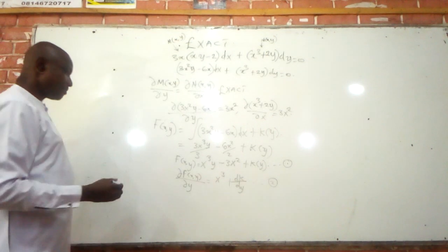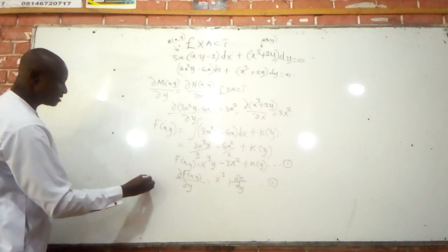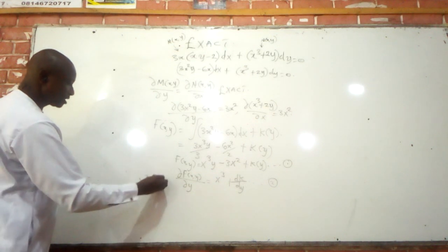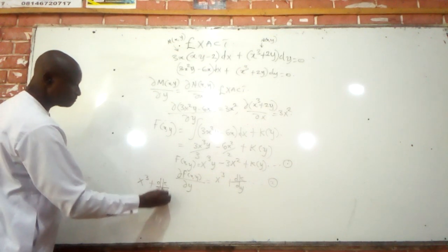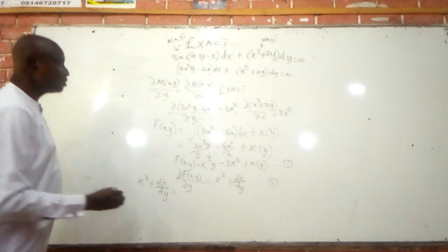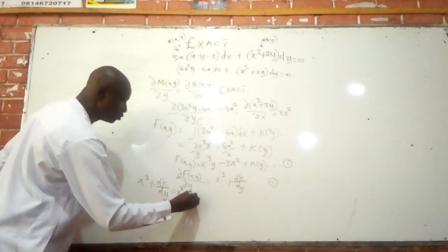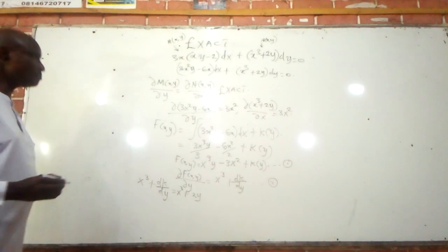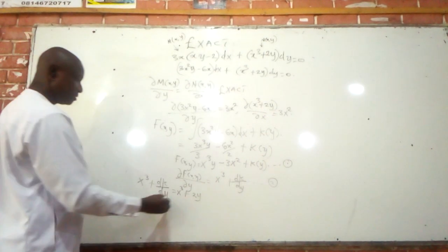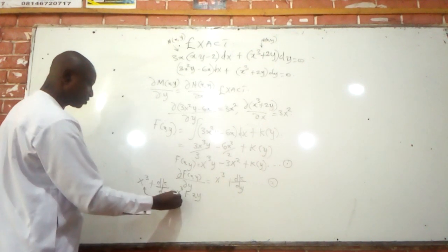When we compare, we have x³ + dk/dy equal to what you have here, and what you have here is x³ + 2y. So this is a replica; they are of the same function.